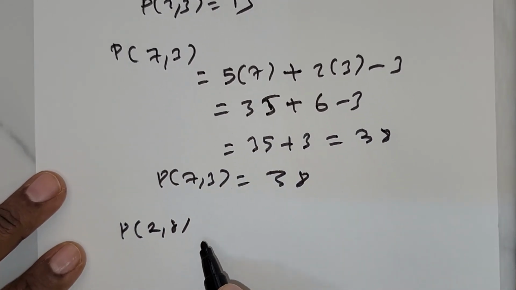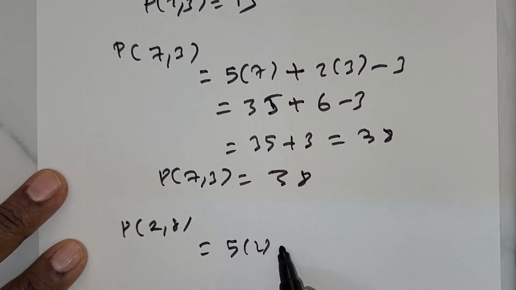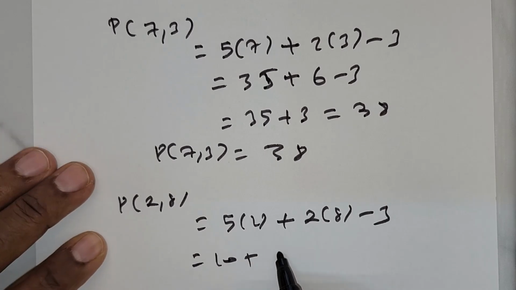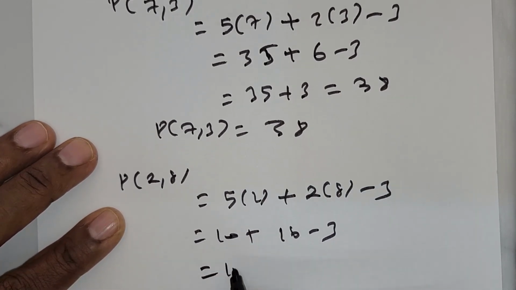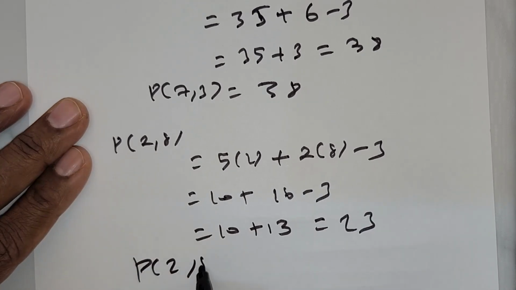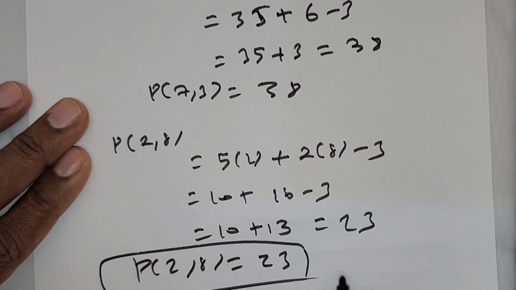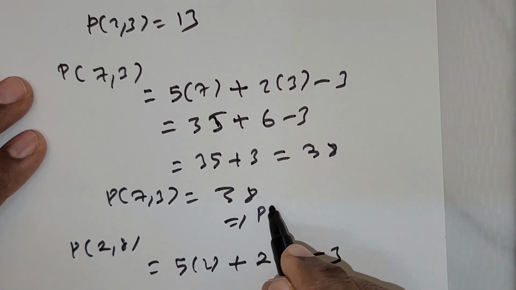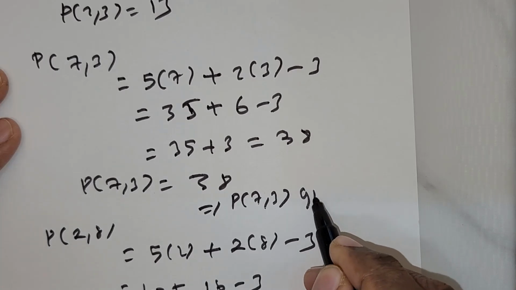Next we have to find P of 2 comma 8, which is 5 of 2 positive 2 of 8 negative 3. 5 times 2 is 10. 8 2s are 16, negative 3, which is 10 positive 13, which is 23. So P of 2 comma 8 is equal to 23. So of these, which is the maximum? So this means P of 7 comma 3 gives us maximum.